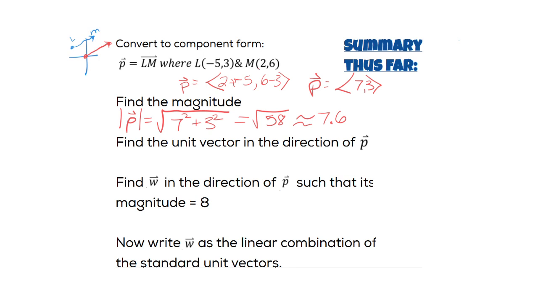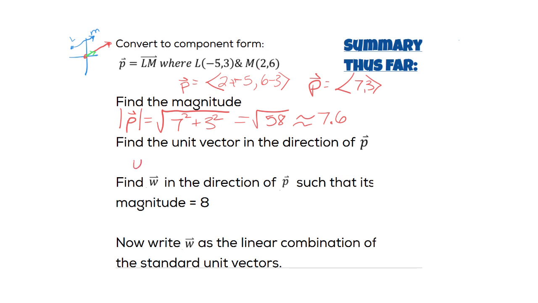Now, the next thing they want is to find the unit vector in the direction of vector P. So I still want it to go this same direction, but instead of it being this 7.6 units long, I really just want a tiny little unit vector in that same direction. Remember, a unit vector has a magnitude of 1. To figure out that vector, I'm still going to use vector P, but I'm going to reduce it by this square root of 58.